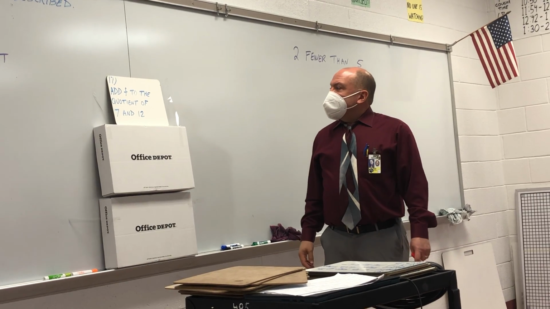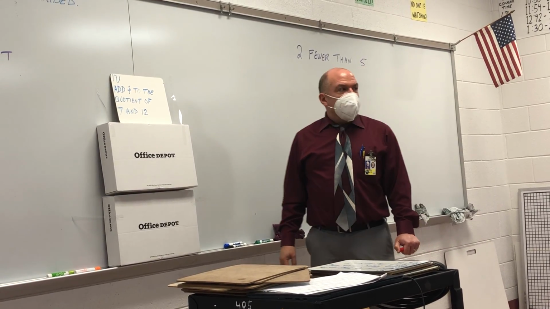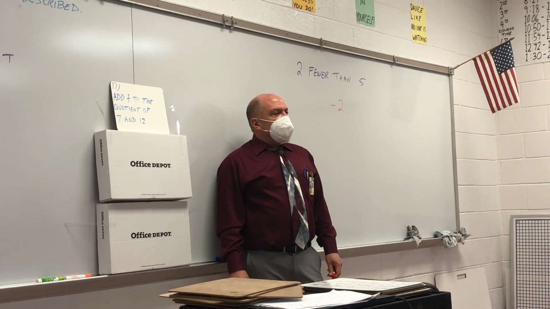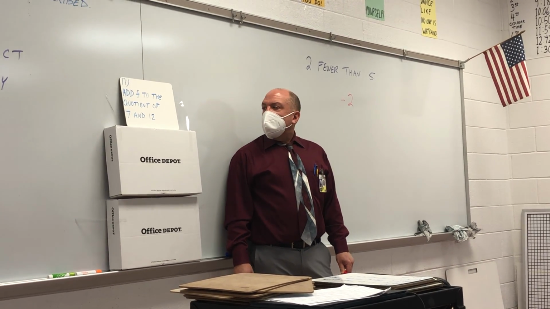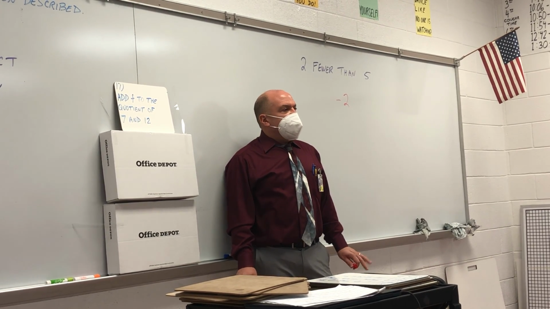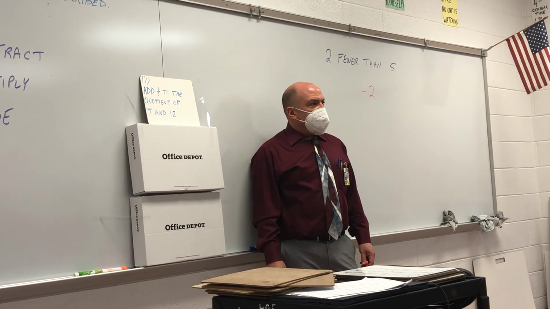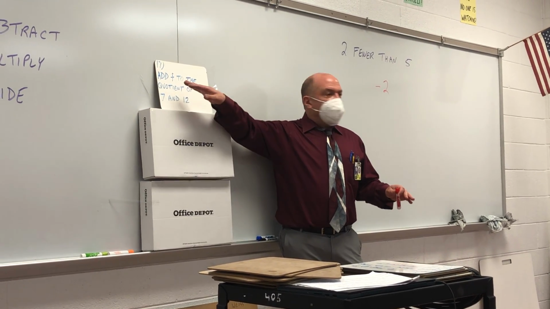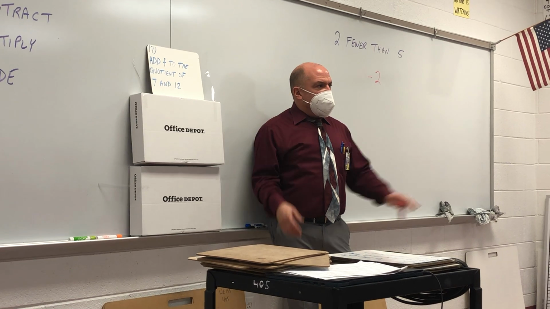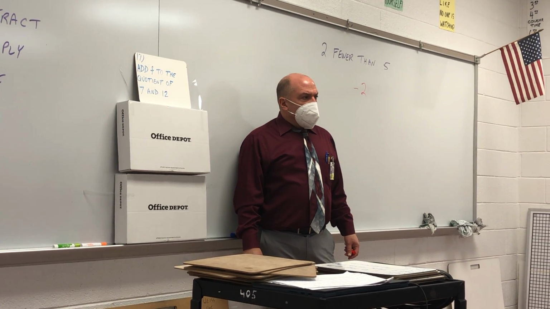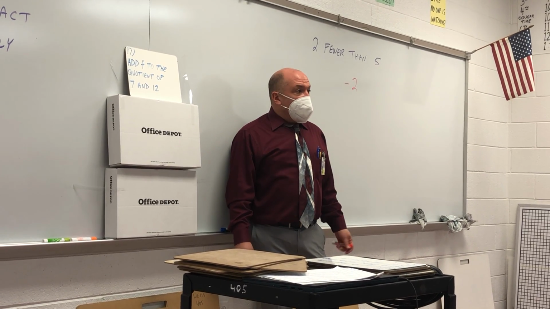Add F to the quotient of 7 and 12. Sahel, add F to the quotient of 7 and 12. And when it says add F, what does that mean right there? Just add F. Don't go on from there. What does add mean? Add, right?